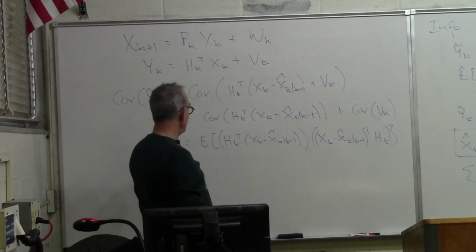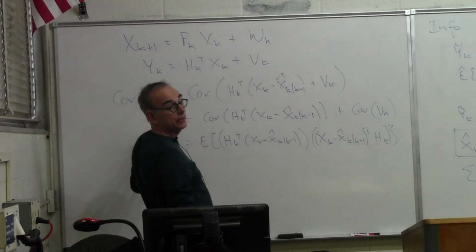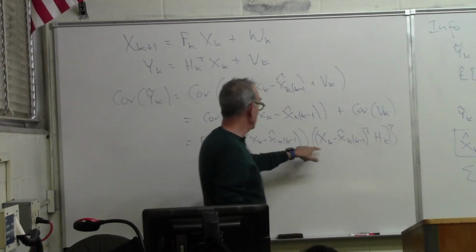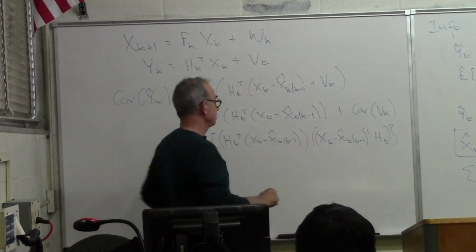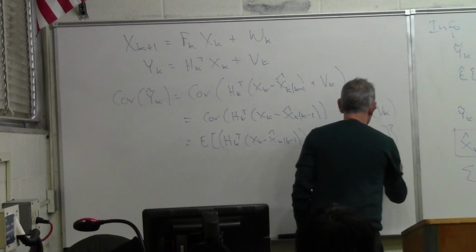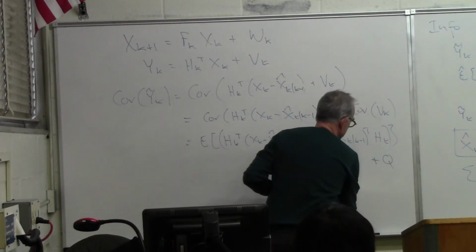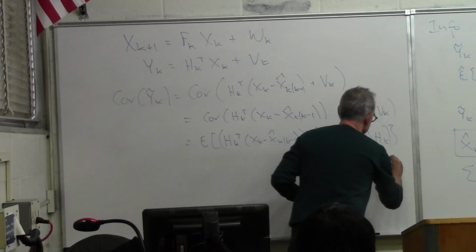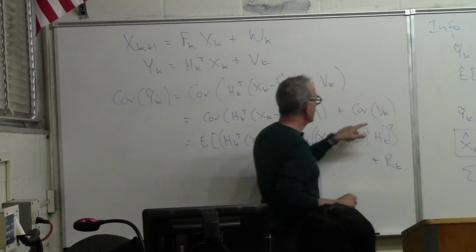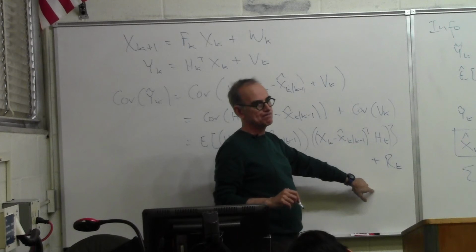Then I can take the HK transpose out on the left, the HK out on the right, and what I'm left with is the same covariance matrix. And this is what we call RK. We have a name for this, it was RK.